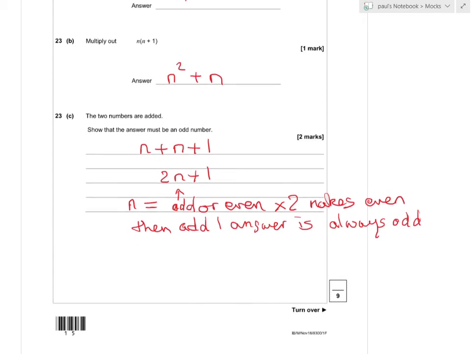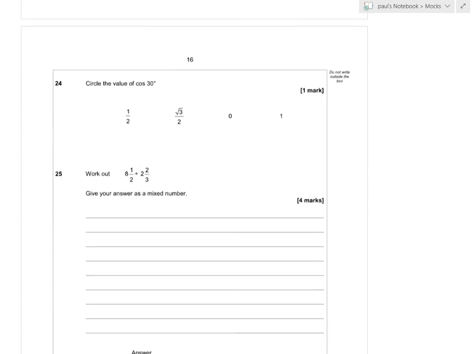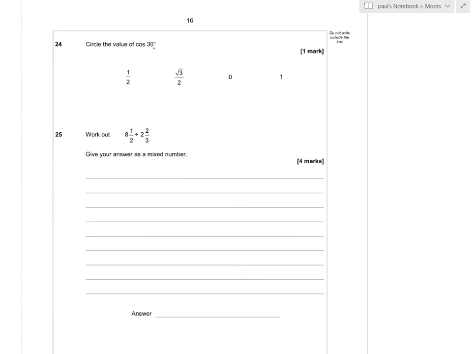Crazy numbers. Now, number 24. Circle the value of cos 30. Right, so this is something you have to remember, all these common cos thingies. And sine, cos, what have we got? We've got sine, cos, and tan.